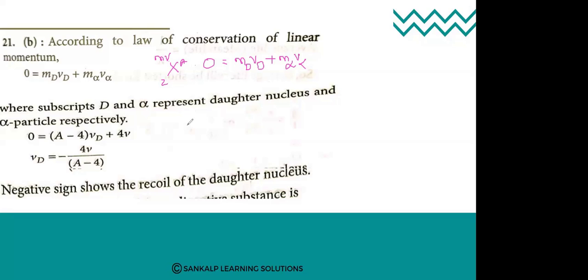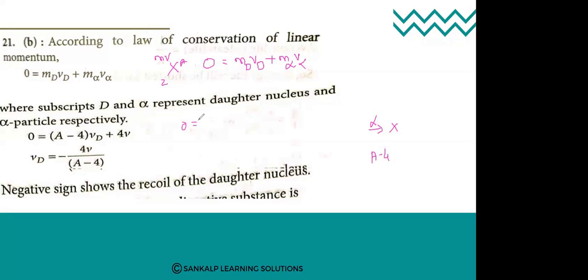So 0 is equal to the mass of the daughter nuclei. When the alpha particle is emitted from the given nucleus, the mass number will be decreased by 4.